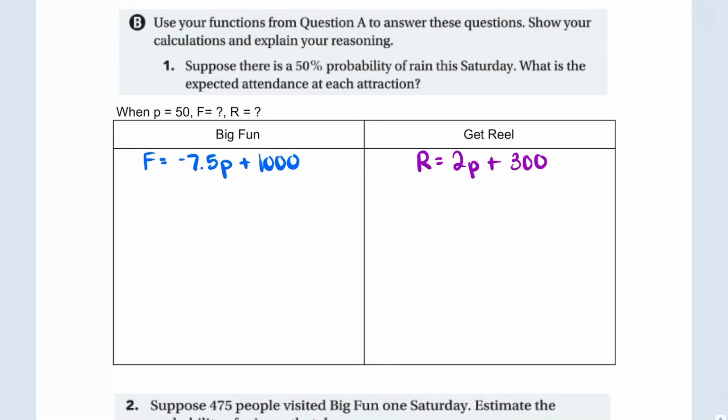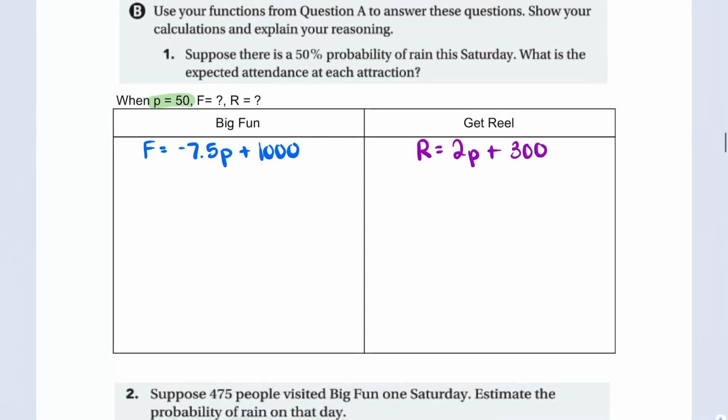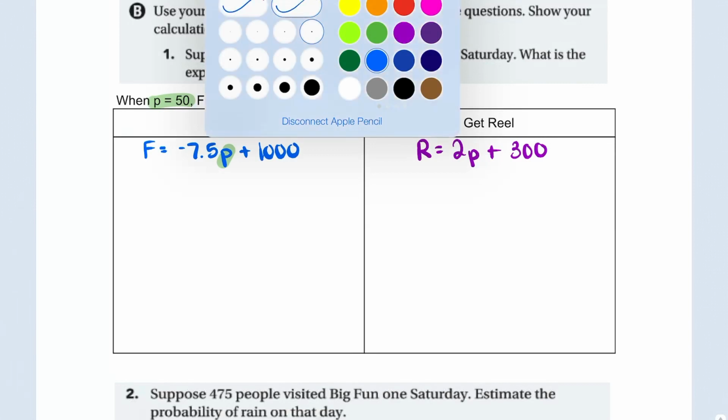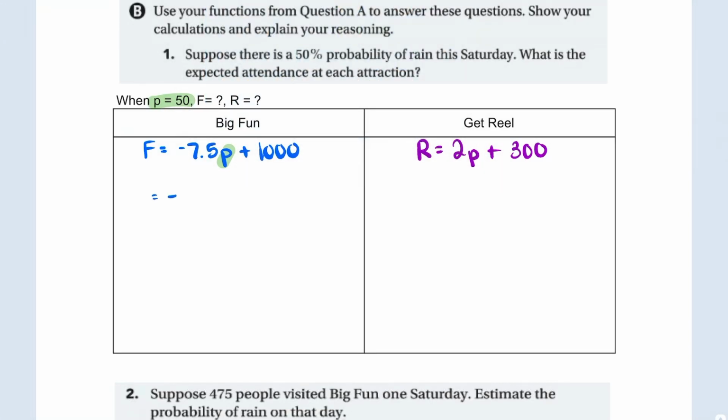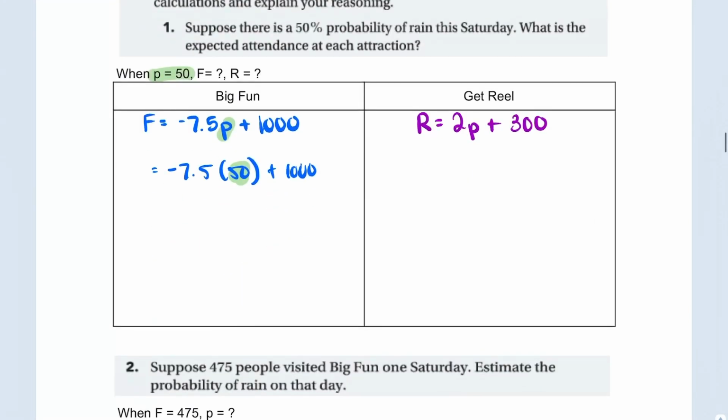All right, hopefully you paused the video and tried this on your own. So important thing to know is that P is equal to 50. So I'm going to just plug in 50 into my equation here. So negative 7.5 times 50 plus 1,000. And that simplifies to negative 7.5 times 50 is negative 375.